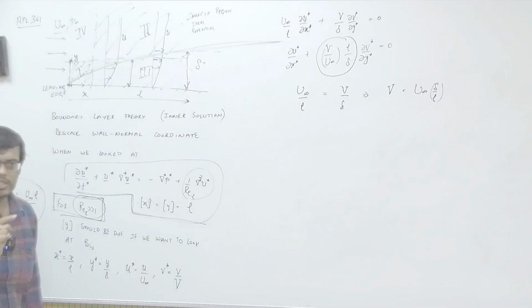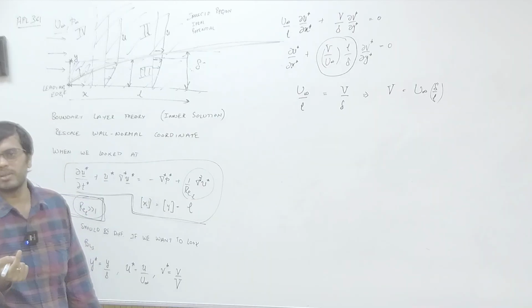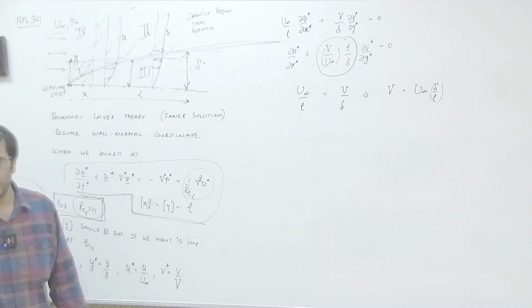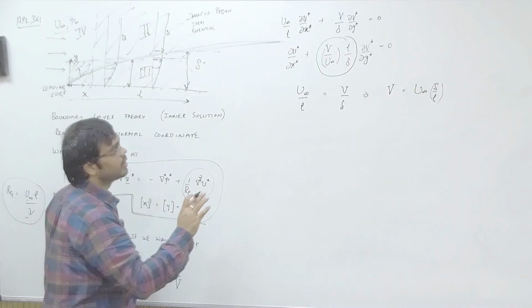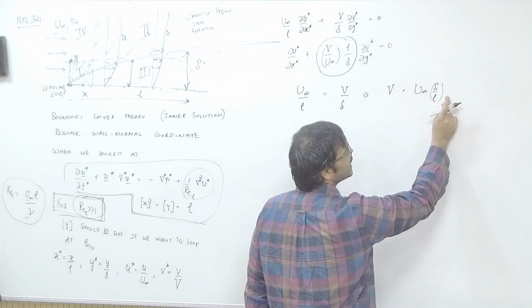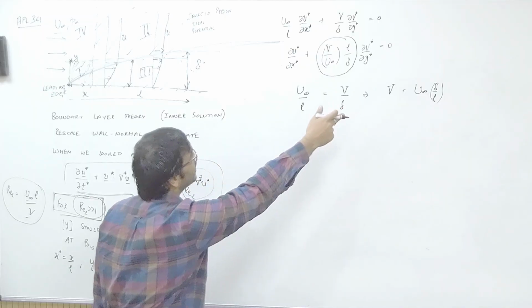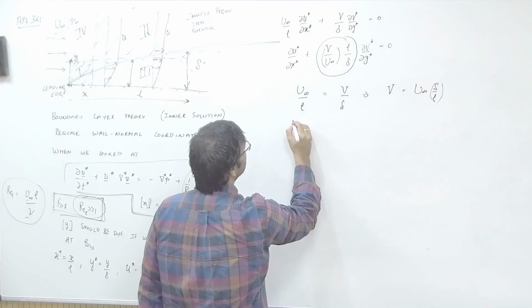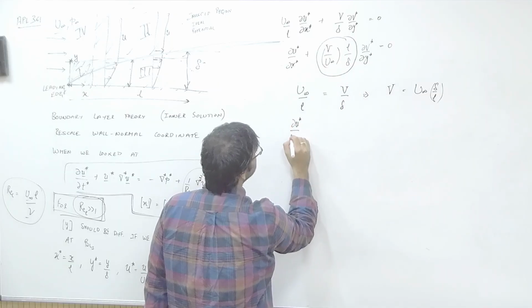Okay, it is very much similar to your wall shape changing in x direction slowly, as we had in our lubrication theory discussion. There also we said that V is basically change in y over change in x times U infinity, and so basically V by U infinity times L by delta becomes 1. So our continuity equation remains as it is.